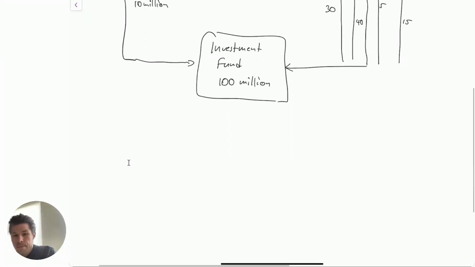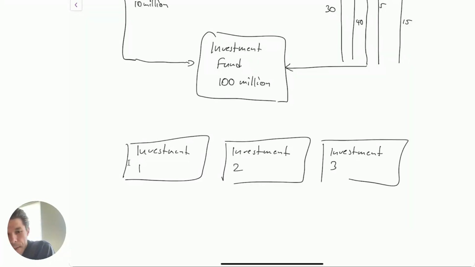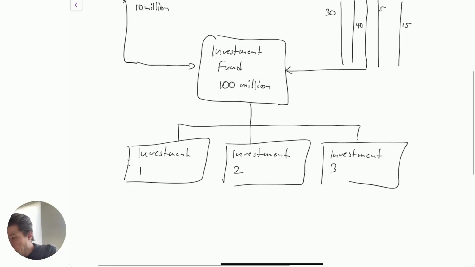Then the fund basically invests in different investments. Let's say investment one can be companies via shares, could be real estate investments, could be other alternative investments, so whatever. Investment 3. So the investment fund basically invests in those investments.